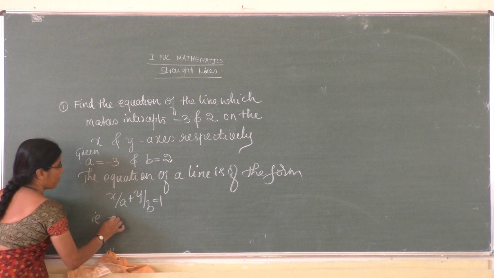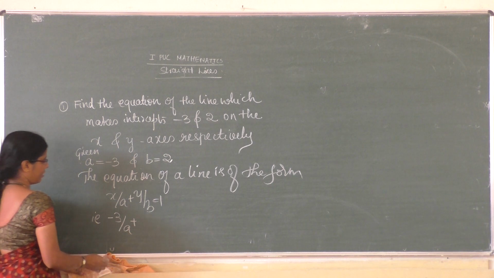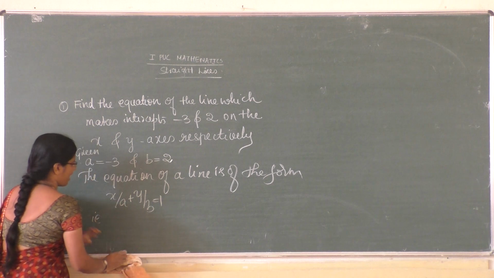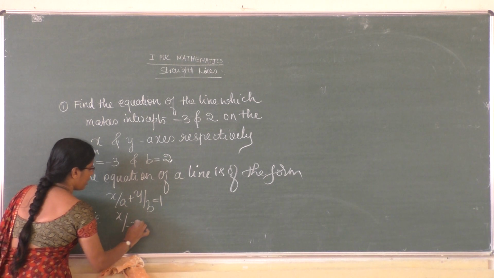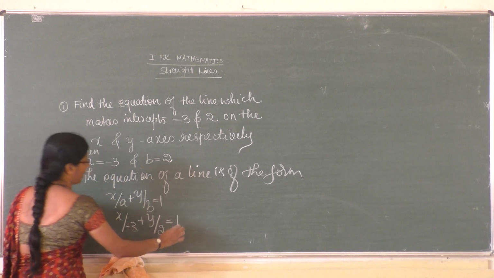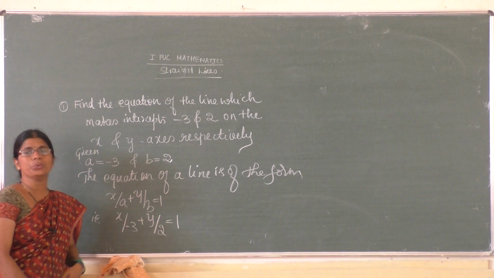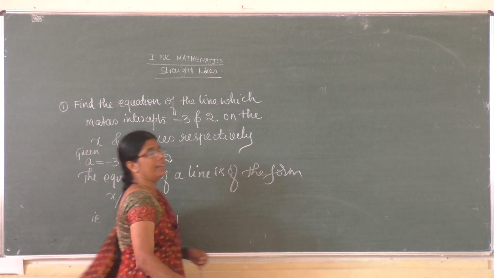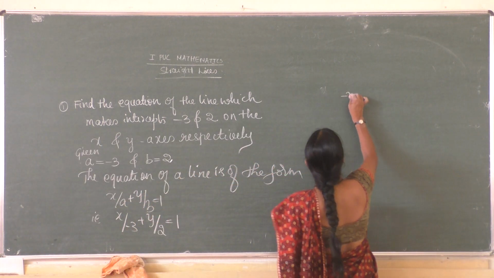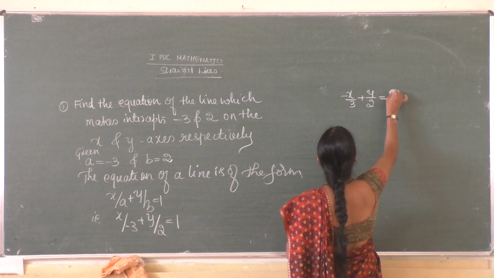That is x by -3 plus y by 2 equal to 1. Now we can write this as minus x by 3 plus y by 2 equal to 1.